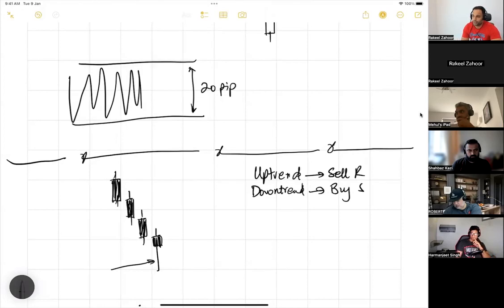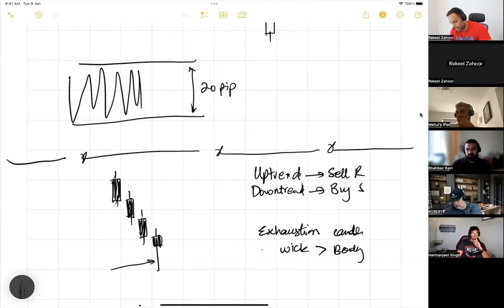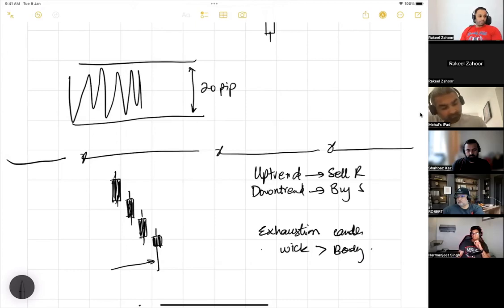The best way to identify an exhaustion candle is when the wick is bigger than the body. That is an exhaustion candle. Now, don't hold this against me if sometimes you see a candle with a big wick and think, oh, Raja said it's an exhaustion candle so I'm not going to trade this, and it moves your way. There's a very high probability that if a candle closes with a big wick, then it's an exhaustion candle.